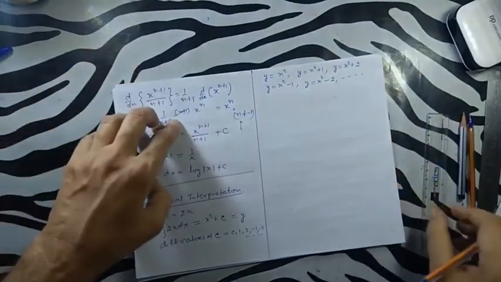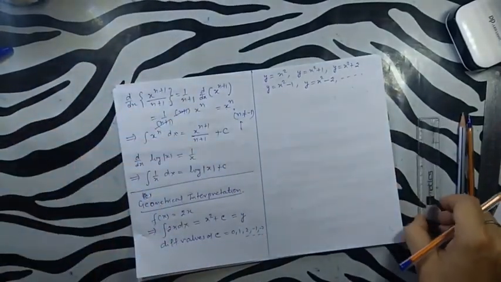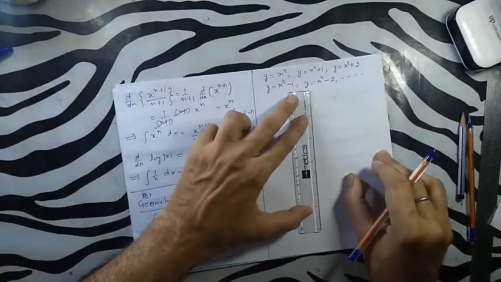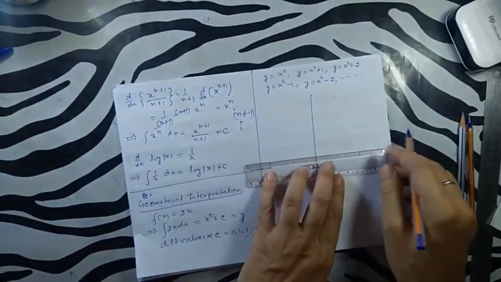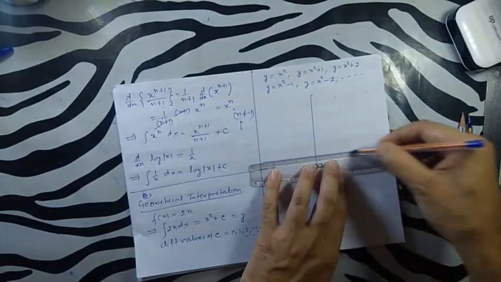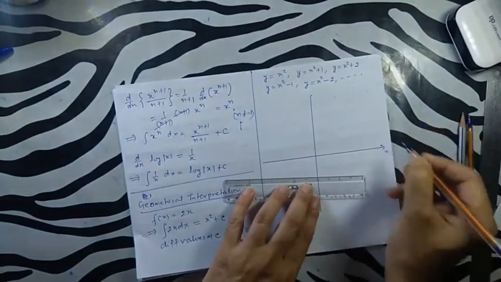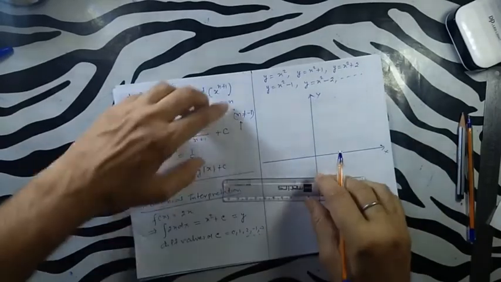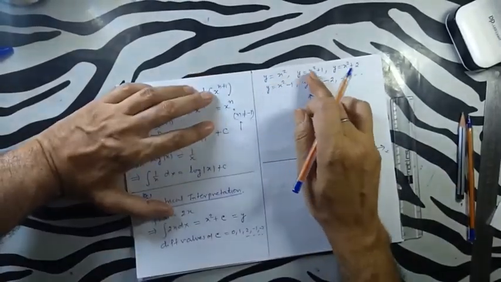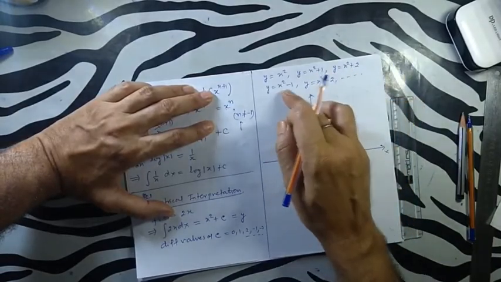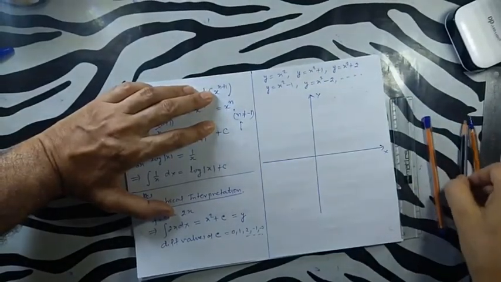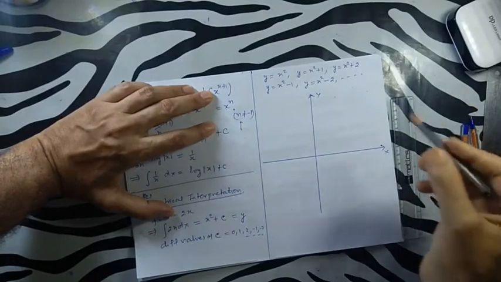So to understand this on graph, now plot the graph along x-axis and along y-axis, x, y, and you see that y is equal to x square, y is equal to x square plus 1, y is equal to x square plus 2, and all these are parabolas. So we plot it on graph paper.